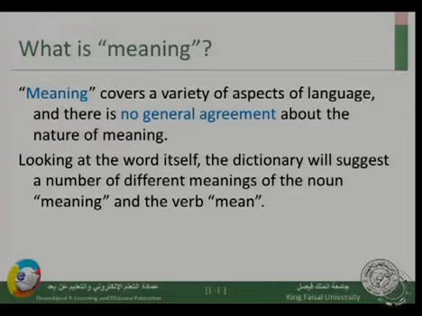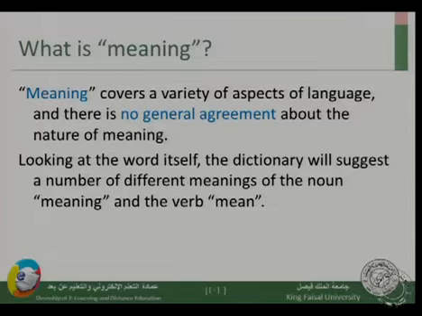So you'll find different views about the nature of meaning. Of course, through the studies we do in semantics, we have reached some good points, and we have some good understanding of meaning, but still there are many points of conflict and many points of difference. There is no general agreement about what meaning is.